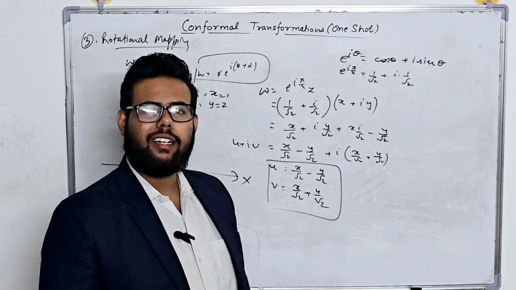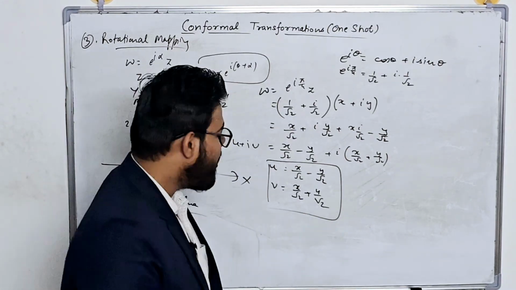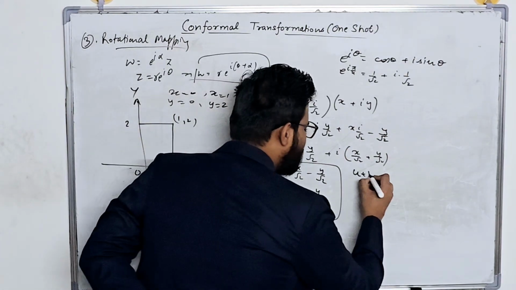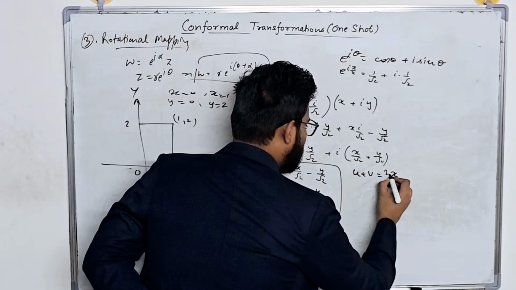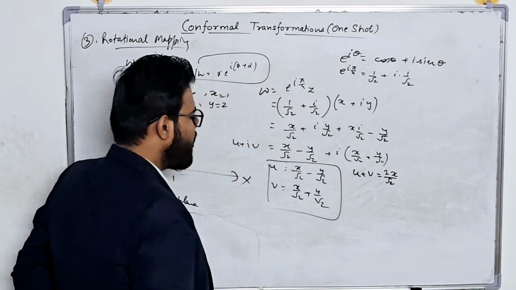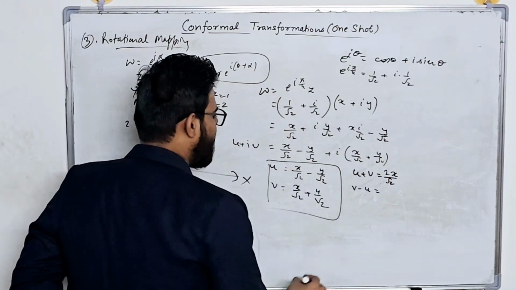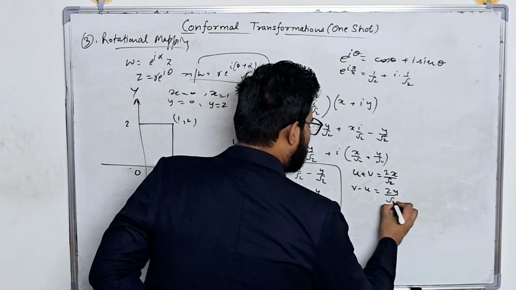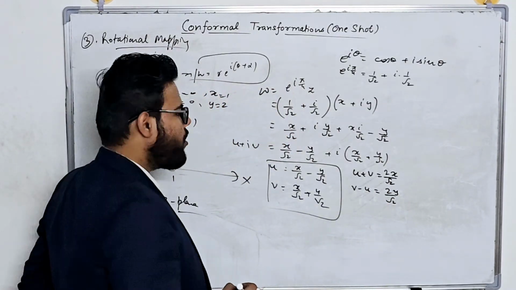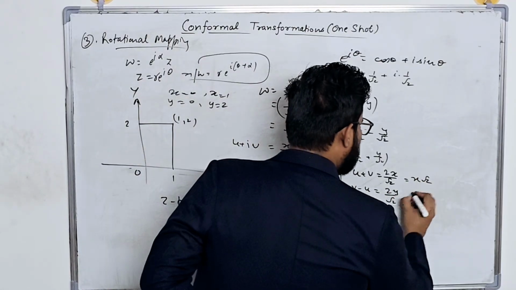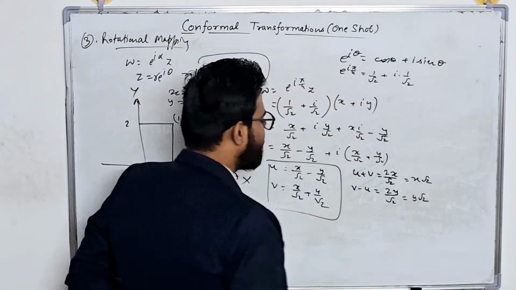Then how can we do it? Well, just eliminate them. When you add them, you will have u plus v is equal to x root 2, and when you subtract, v minus u, what you will get? You will get 2y by root 2, right? So it is equal to x root 2 and this is equal to y root 2, right?